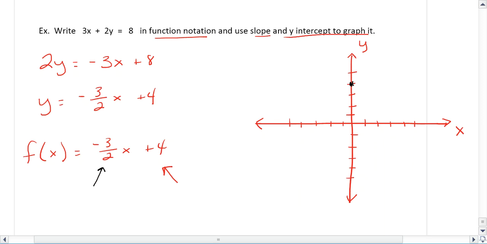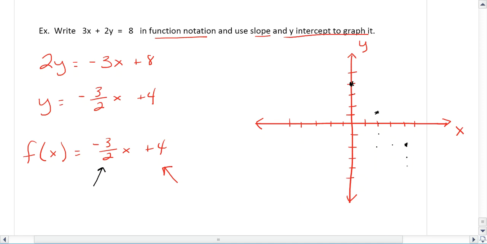Then we see the number in front of the x, which we call the m, is the slope, and it's a negative 3 over 2. So we can picture that the line is going to be running downhill from left to right, and so we count down and over. So this is down 3 and over 2, and we put a point. Then go down 3 and over 2 and put a point.